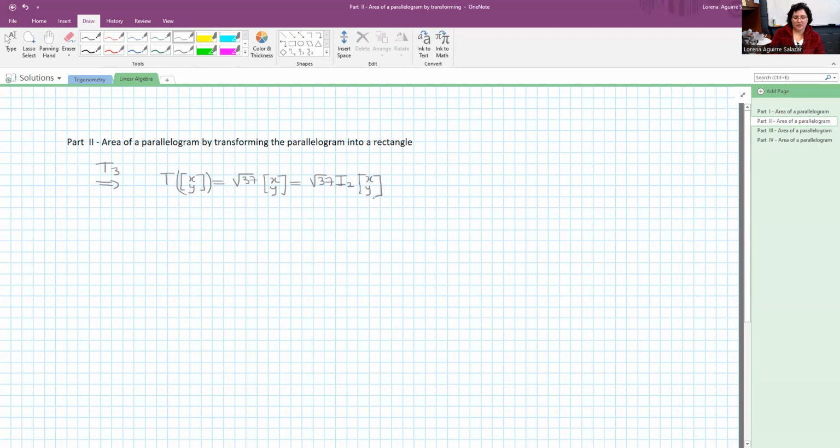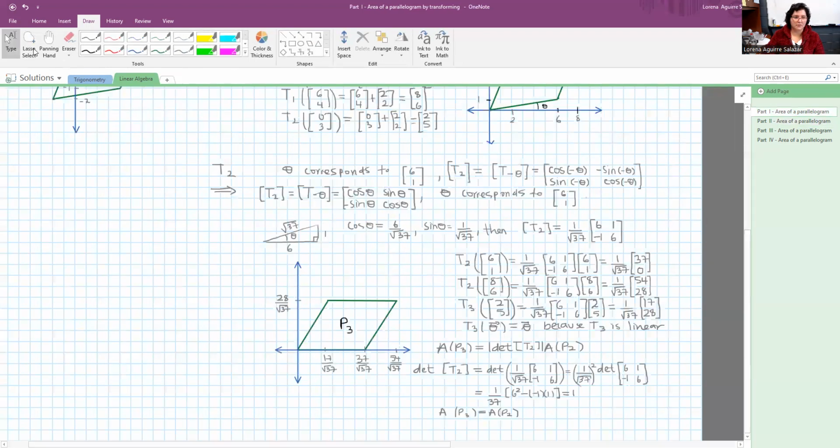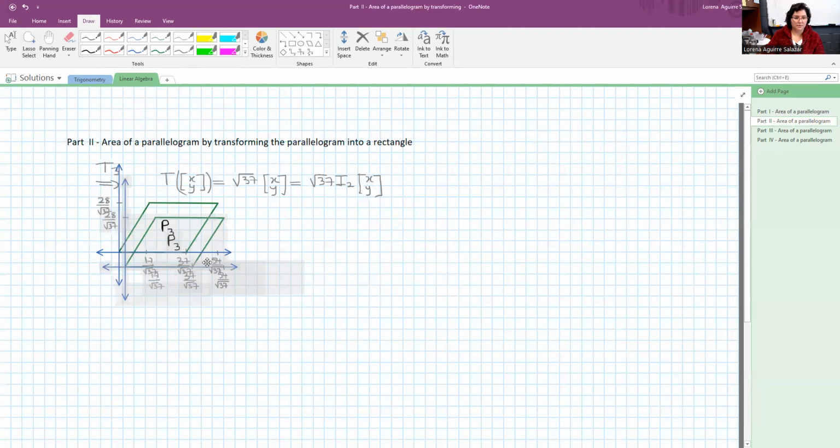When we apply this rescaling, we get to see a parallelogram that is very similar to the previous one. It's just that it's fully rescaled. Let's see how the area of the new parallelogram is related to the area of the previous one.